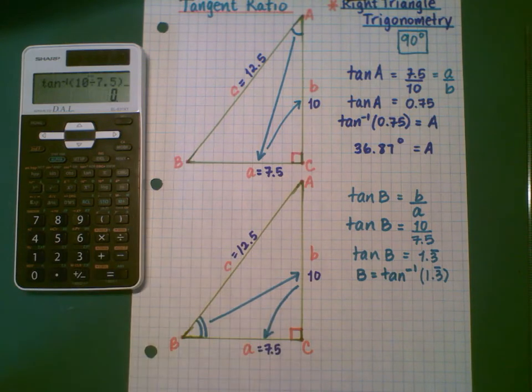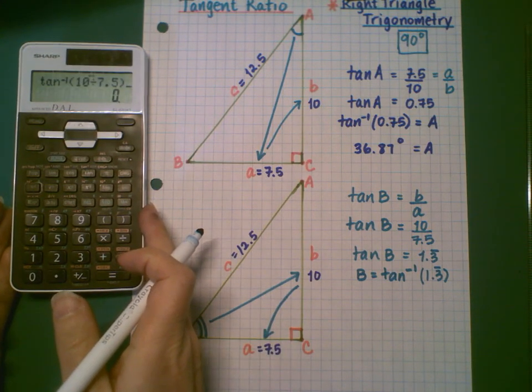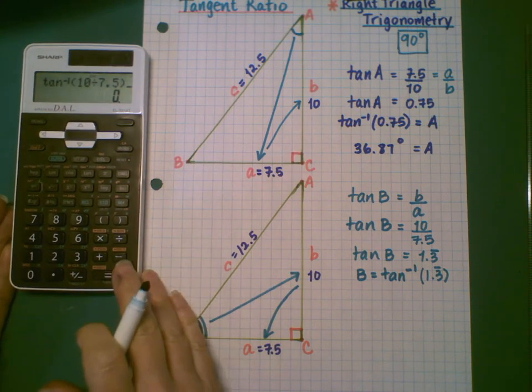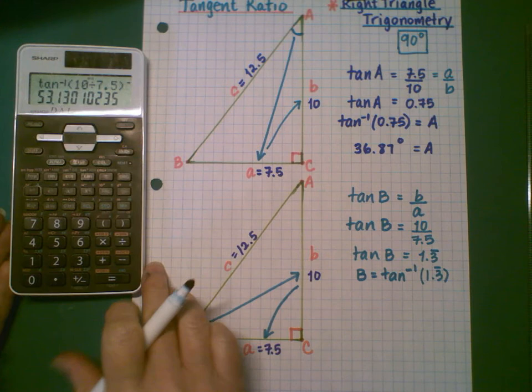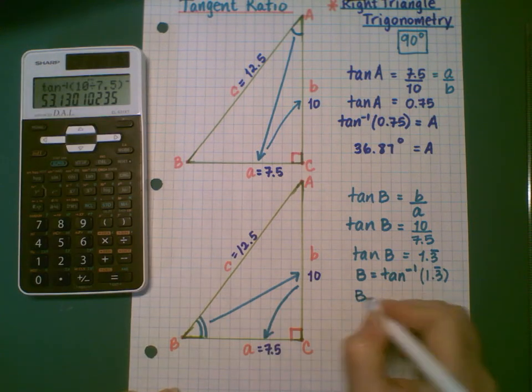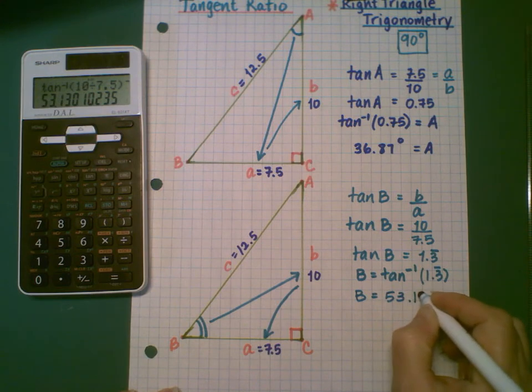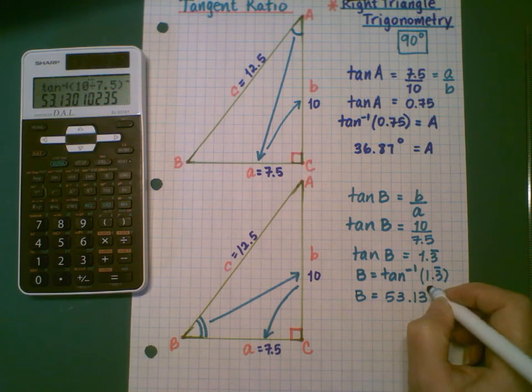And you'll notice that I put brackets around that in order to make sure that the calculator is doing that division first before it looks in the table. And there it goes. B is 53.13 degrees.